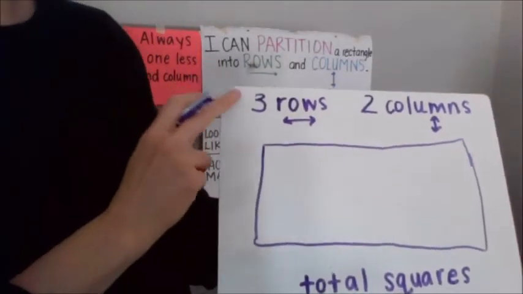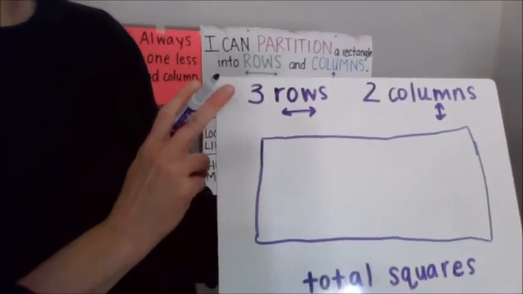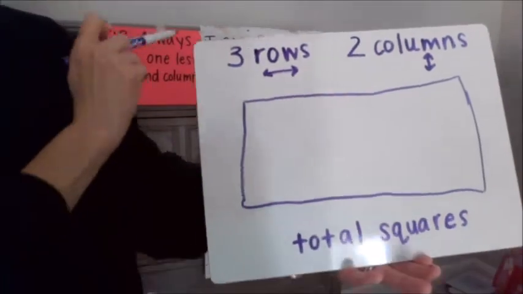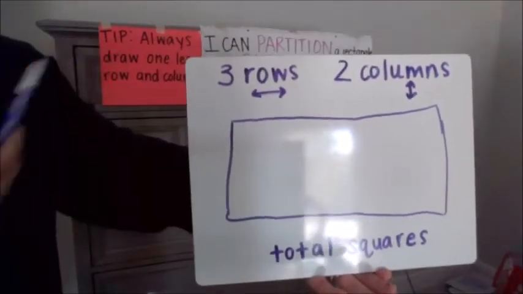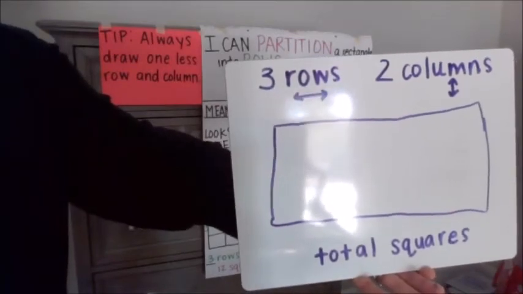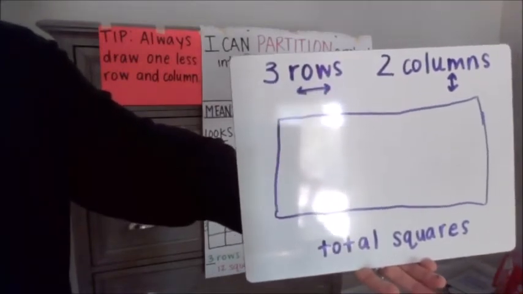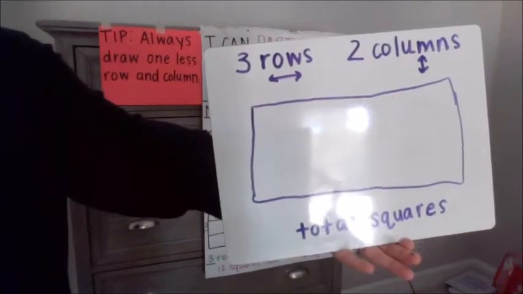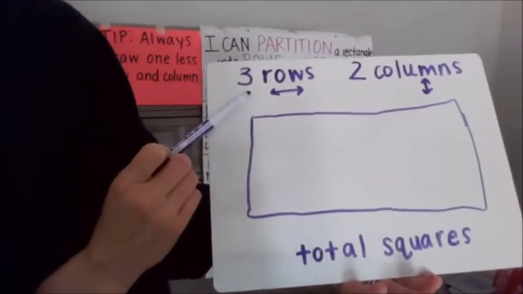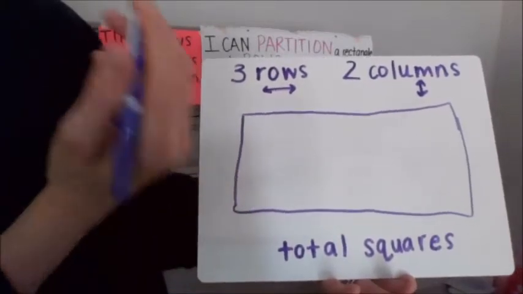All right, so I've got my rectangle. Now, I am going to partition it into 3 rows. Okay, so what do I do? Always remember my important tip on the pink sheet of paper. Always draw 1 less row and column than what it says. So if it says 3 rows, how many lines am I going to draw? 2.